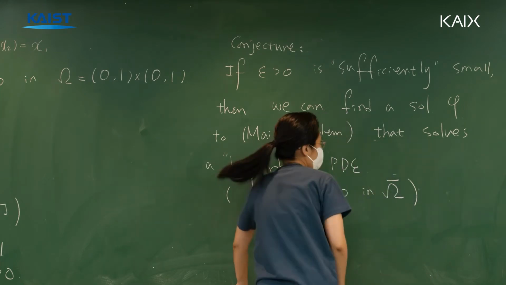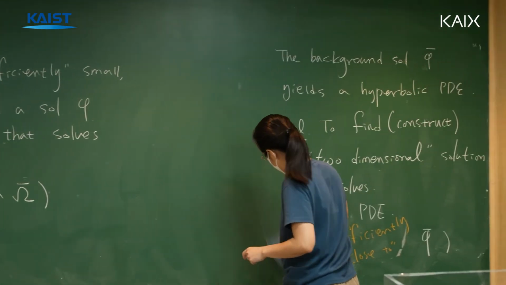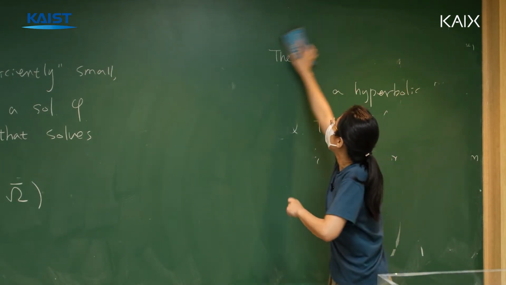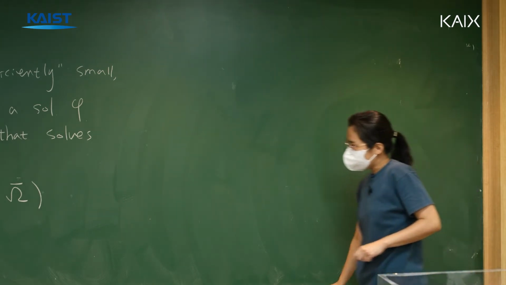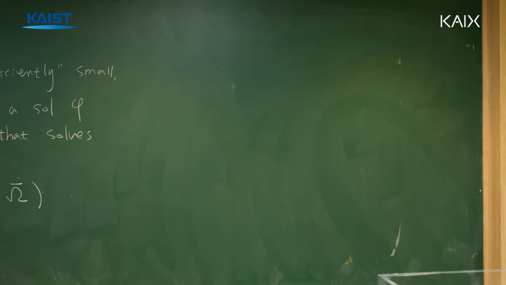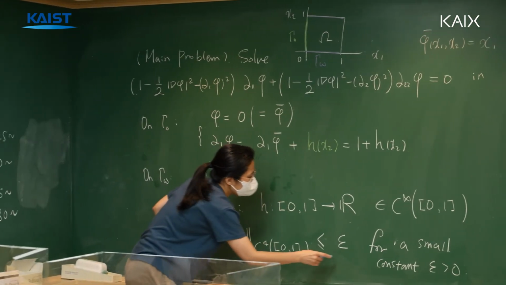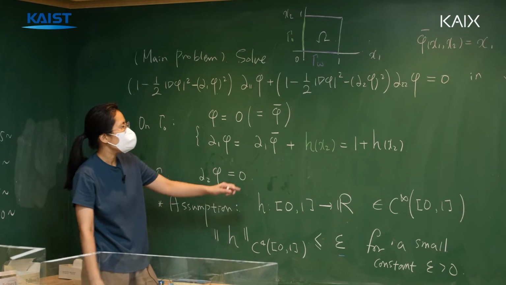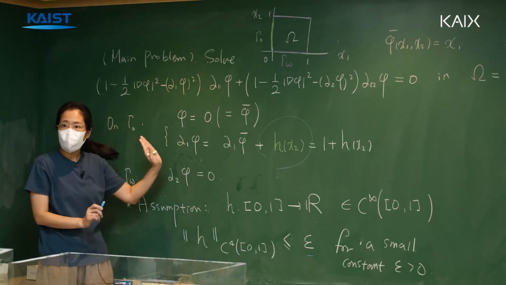So now I will be more precise. Especially if you have your boundary condition, with the fact that the norm of H is sufficiently small, which means that if this is 0, this is simply a one-dimensional problem.